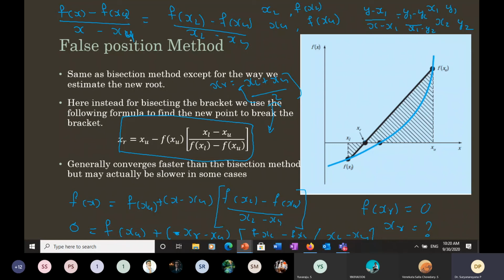The question is how many iterations it takes. If the bisection method takes 20 iterations to arrive at a solution with the required accuracy, false position may take far fewer. That is what I meant by faster convergence: converging to a required accuracy in fewer iterations.